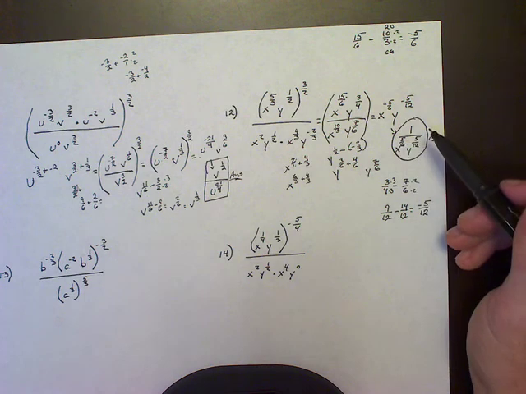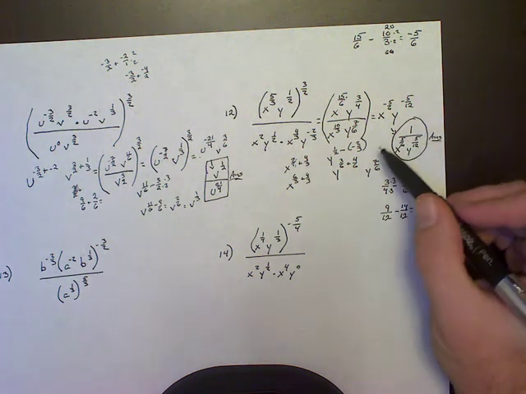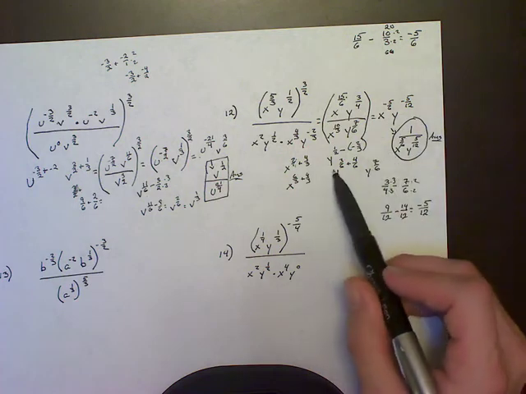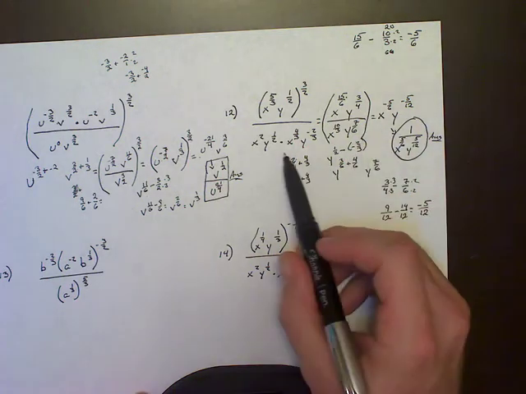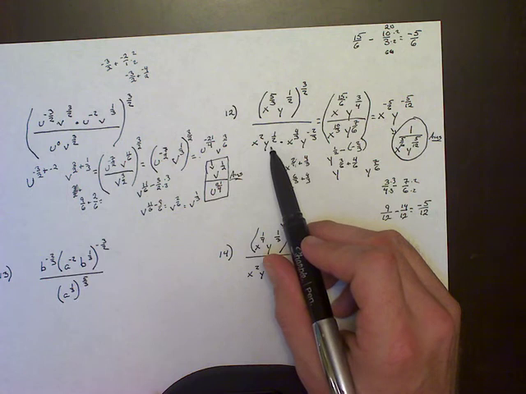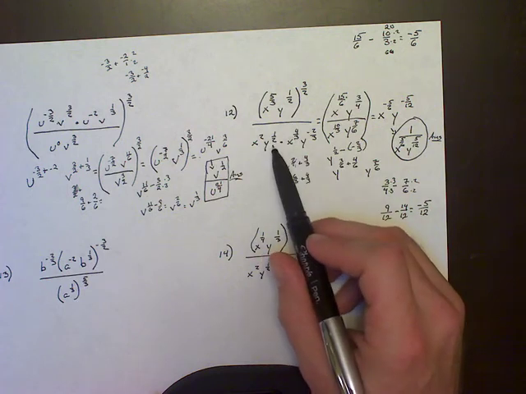I think I see a mistake that I made that was throwing me off. Going back here, 7 to the 1/2, yeah, here's a silly mistake I made.